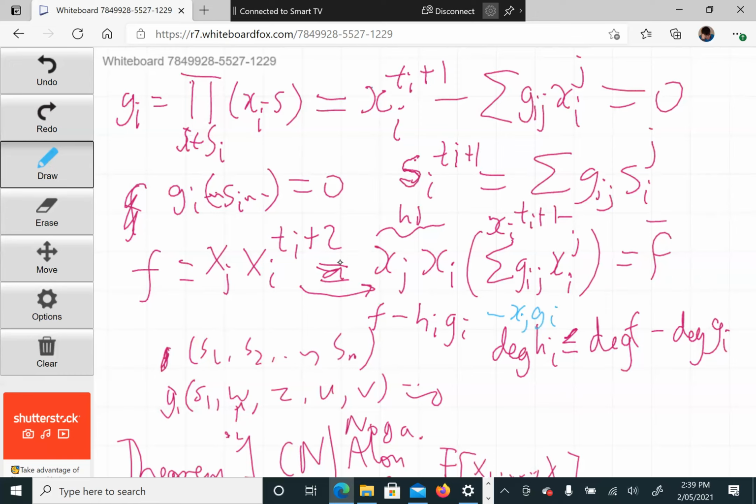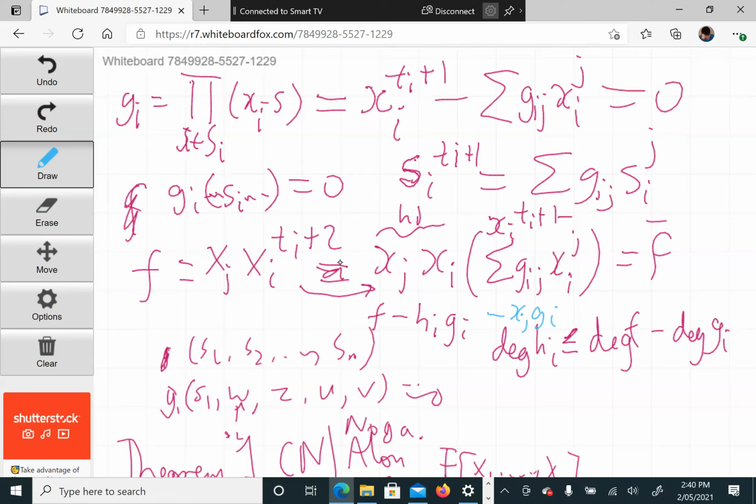After you keep subtracting, you're left with a bunch of stuff with degree less than G. So the degree is TI. That's the point, because the relation will always kill things if TI plus one or more.